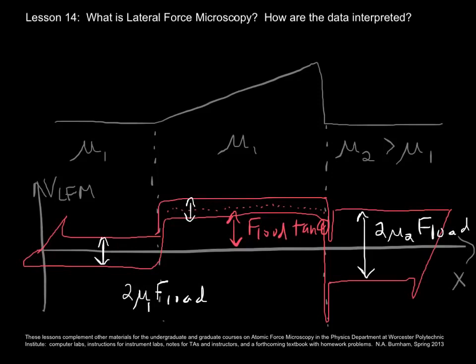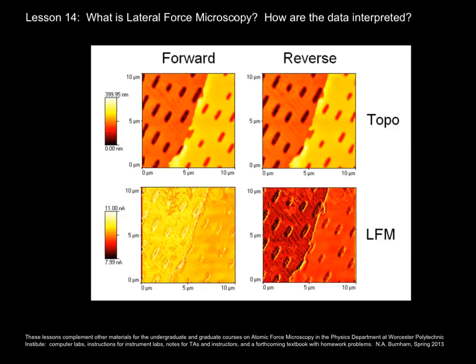And the offset, the average value, that is the load times the tangent of the angle. In conclusion, if you understand the features of a friction loop, you'll be able to understand the contrast in your lateral force images.